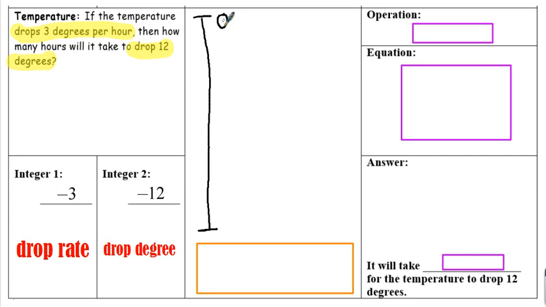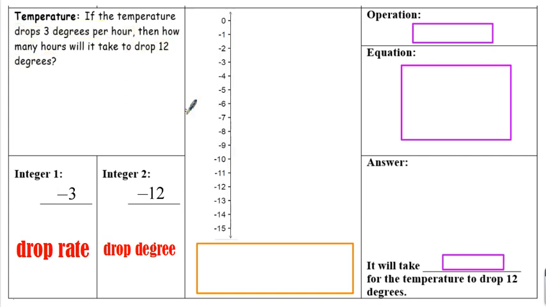Number from 0 at the top, probably down to maybe negative 14, negative 15. So make sure you label the number line. Sorry, I just got a picture, but you should be drawing this on your paper.